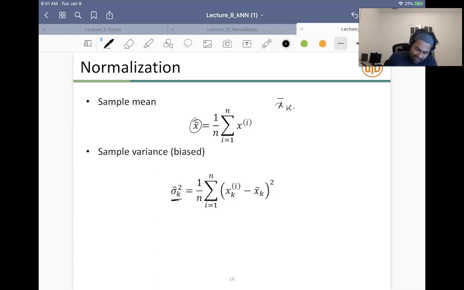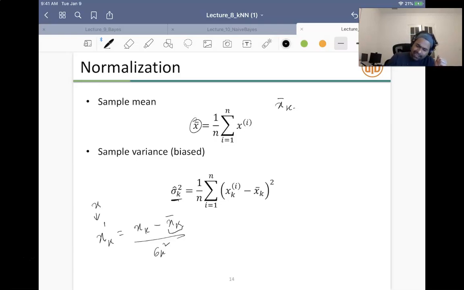Then given an x, I can create a normalized version, x prime k, which is x k minus x bar k, divided by sigma k. So I'm looking at all the values of the same feature, centering them by the center of the kth attribute in my data set, computing the variance, and dividing by sigma k. So that is one way of normalizing.